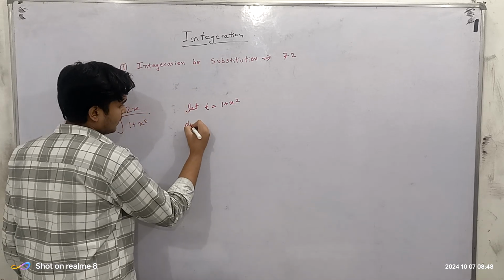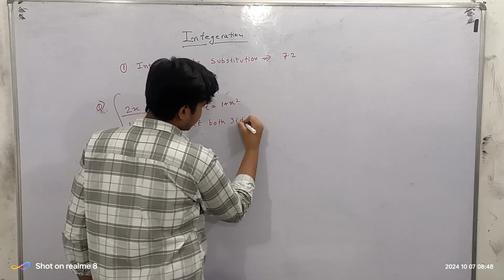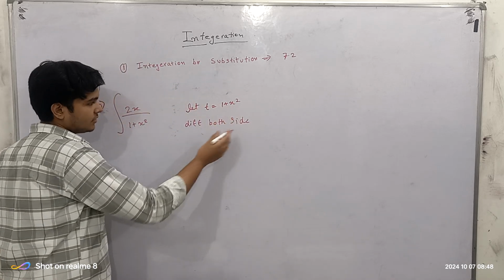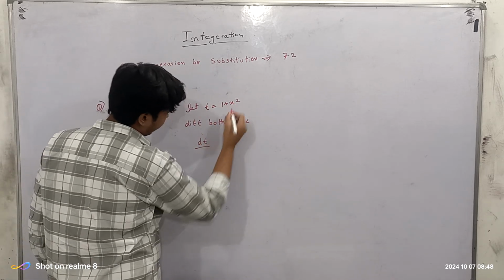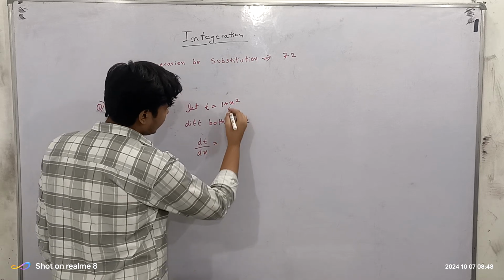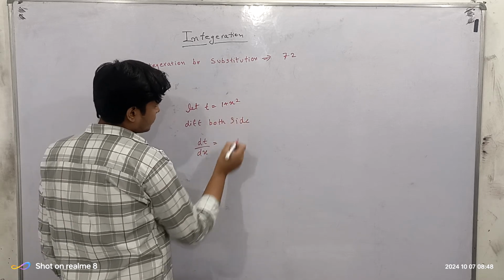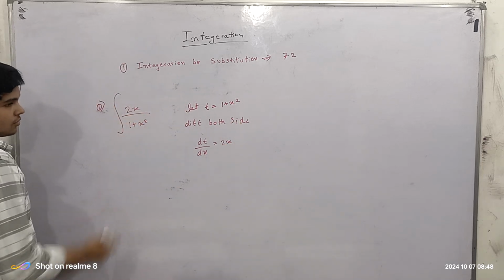Now differentiating both sides, dt by dx, since the variable is x, we differentiate with respect to x. The differentiation of 1 is nothing, and of x square is 2x. 2x has come, and 2x is also in the question.